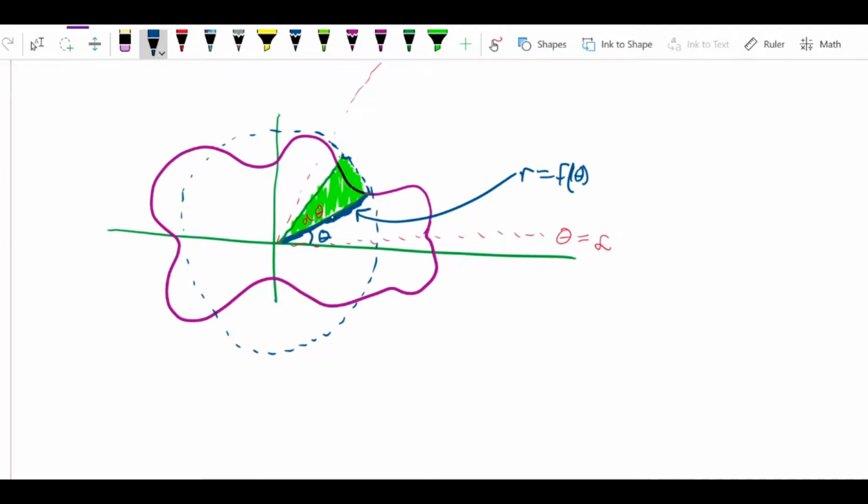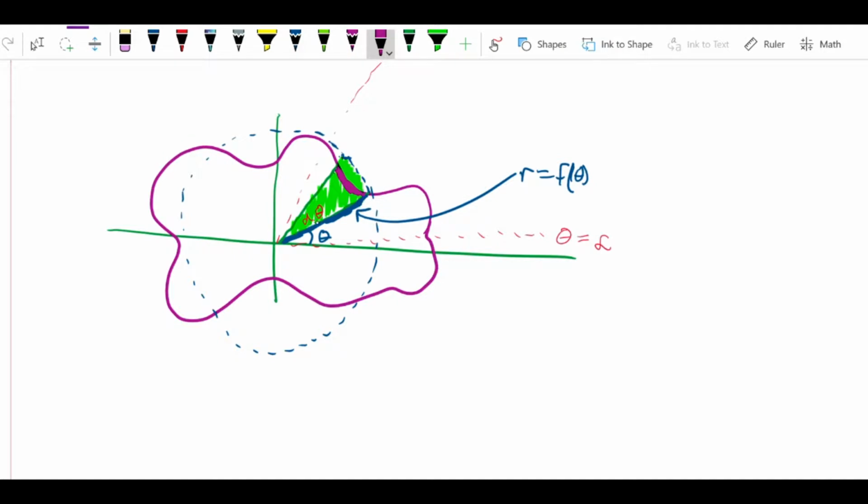So the green region exists through a little tiny angle that we're calling d theta. Even though what I really want to do is find the area inside the purple curve, which I'll draw a little thicker here, I'm taking into account a little bit of extra area. Why?